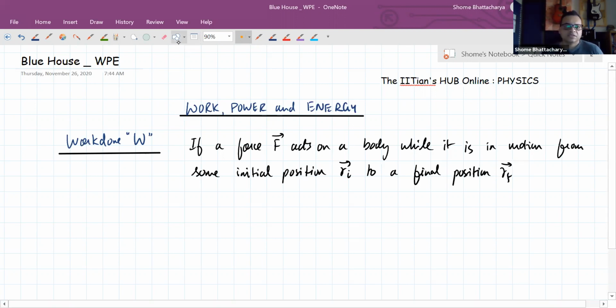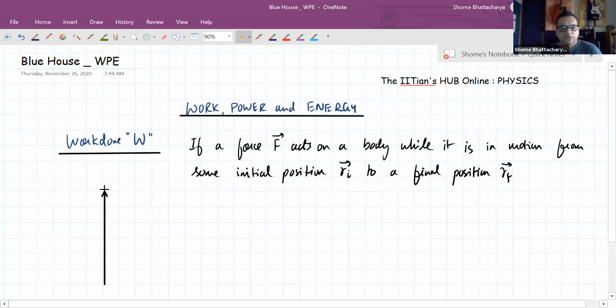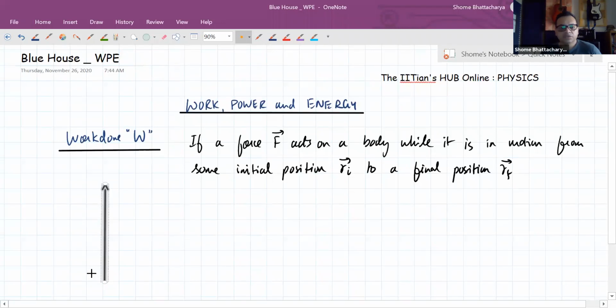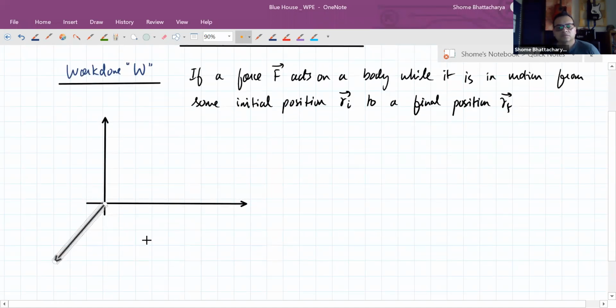So let us understand this in the proper context of general 3D motion. With respect to a three-dimensional coordinate frame, if we have a body which started from this position and took some kind of a path and went to this final position.